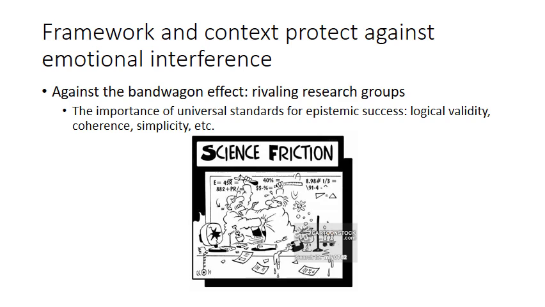So these standards for epistemic success, like logical validity, coherence, both within the theory and with other theories, simplicity, or the fact that the most economical explanation is often the best if several explanations would be possible for certain kinds of findings. Remember Occam's razor, and so forth.